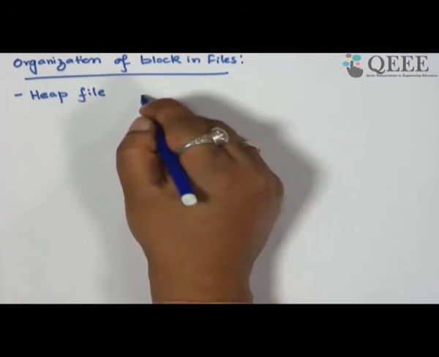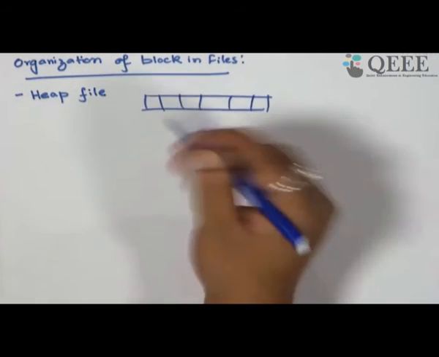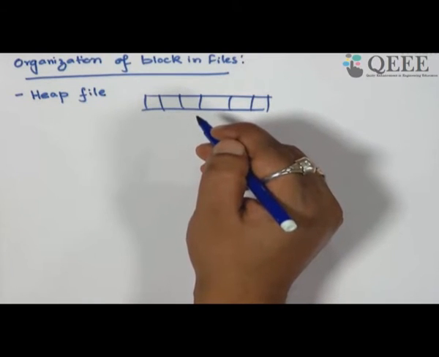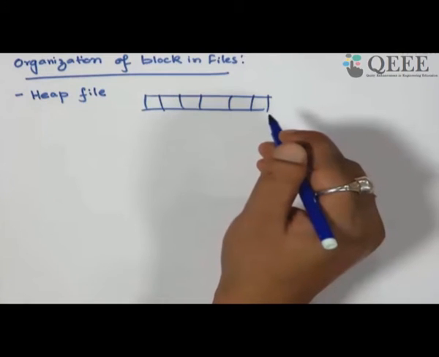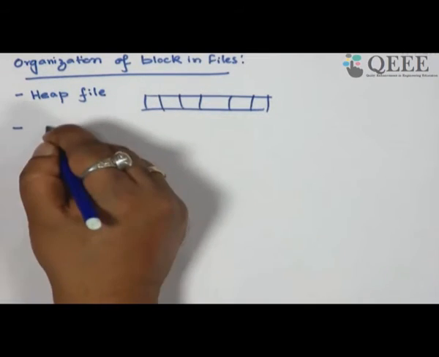You write them down in the file in arbitrary order. So it is very easy to insert, very easy to delete. But the problem is that when you access, the access time changes. Then there is a sorted file.